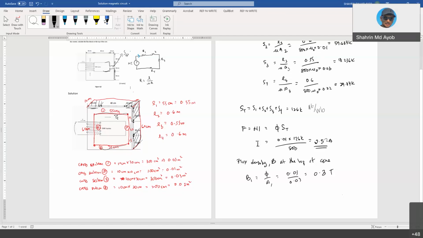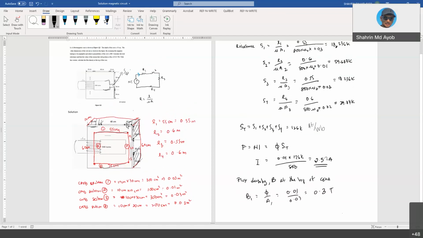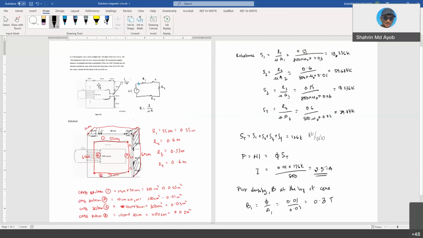If the sections are all the same, then it's quite easy. But if, for example, the cross section is not equal and the length is also not equal for each segment, then you need to do it part by part, because the reluctance depends on the length of the section and the cross section of the section.